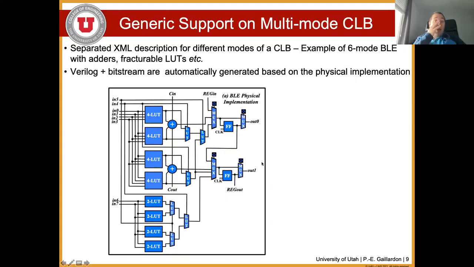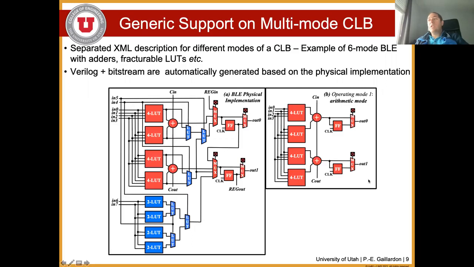What we need to do is to have the capability to model this physical view, but also tell our tooling that this physical block can be used in different modes. For example, it is typically used in arithmetic mode, where you just use this portion of the circuits and restrict the view, the goggles you put on, saying this block has those elements. So when you map your logic to it, you only see those elements.